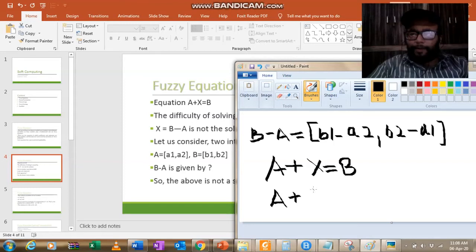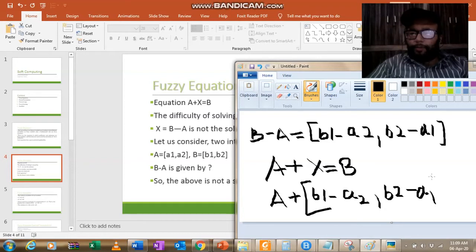The value of x is now b1 minus a2, b2 minus a1. This is the situation.